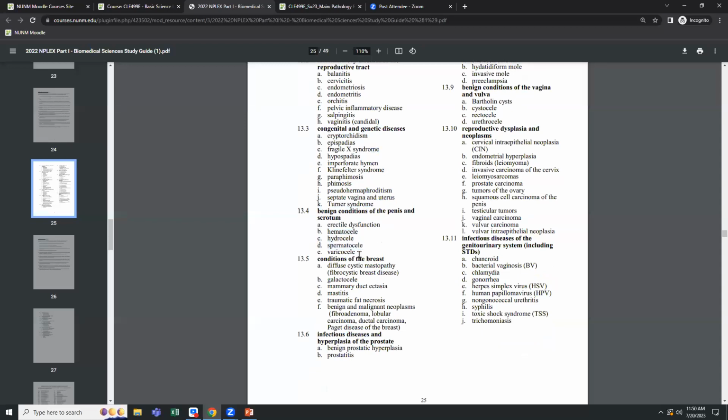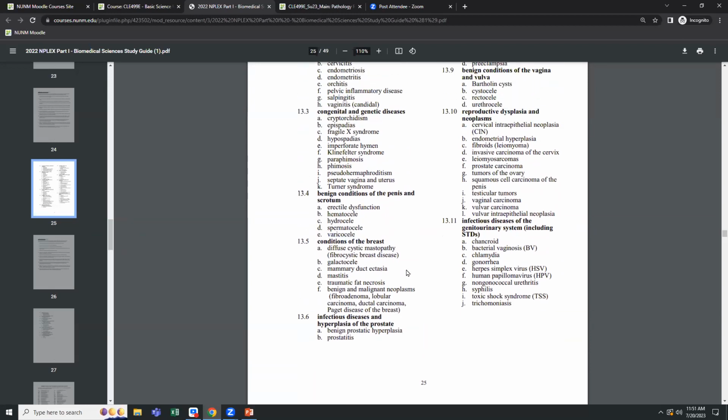All the seals, because this is a great test question to confuse you: hemato, hydro, spermato, varicocele. Breast cancer or fibroadenoma. Knowing the difference between these benign and malignant neoplasms of the breast, that would be the breast thing I would learn.